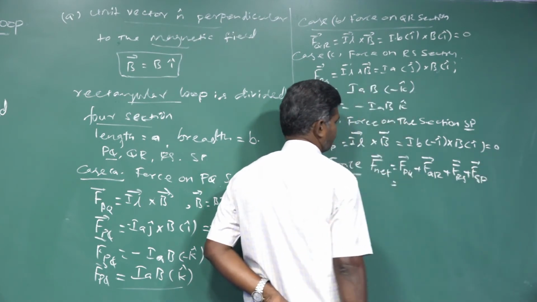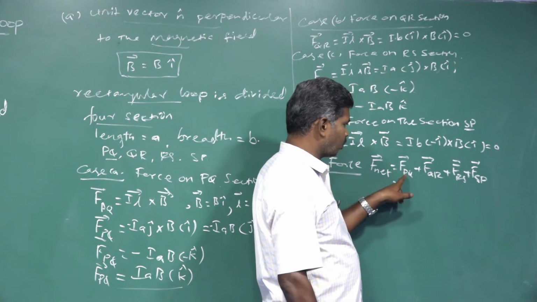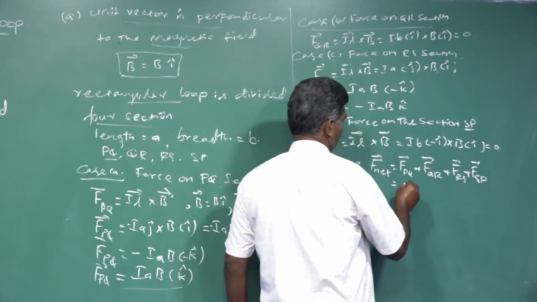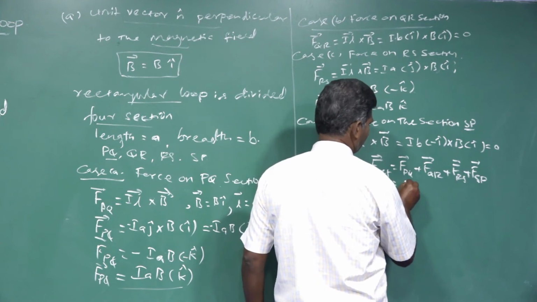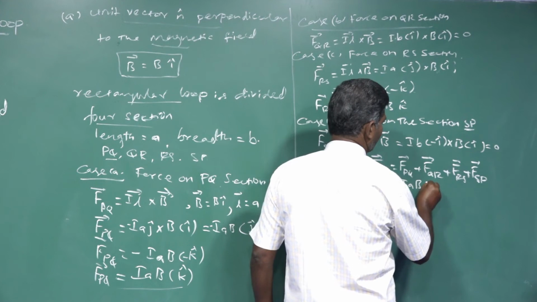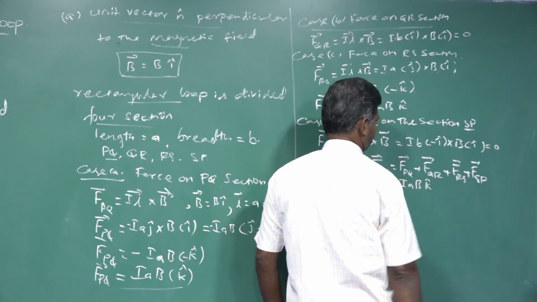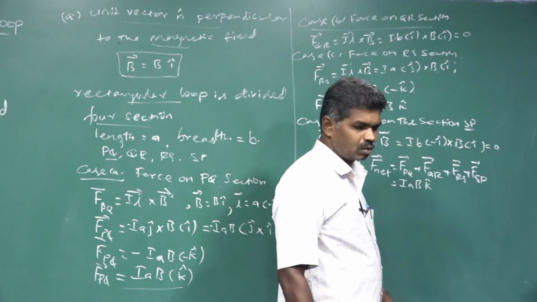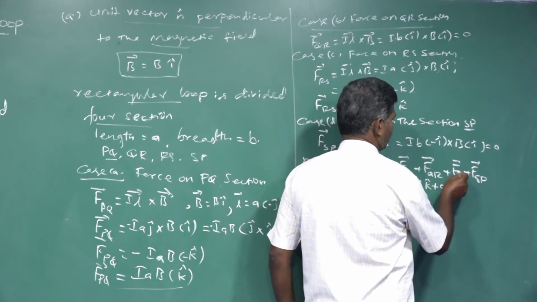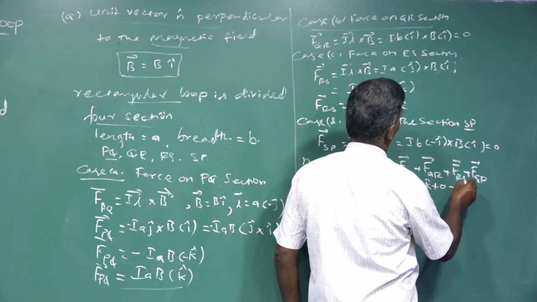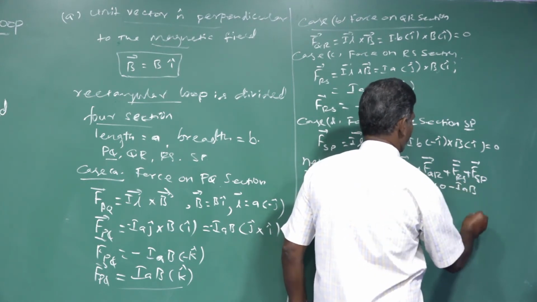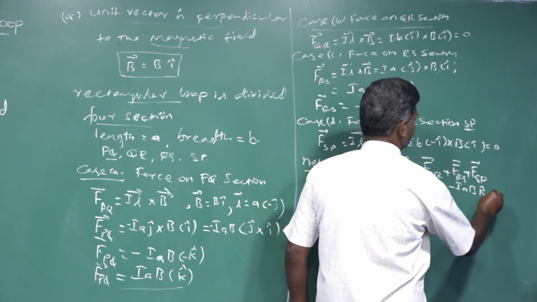Then we know that we have the value for that F PQ vector. What is the value? That is plus I A B into K cap. That is a positive Z direction. Then second one is 0. Third one, minus I A B K cap, plus 0.